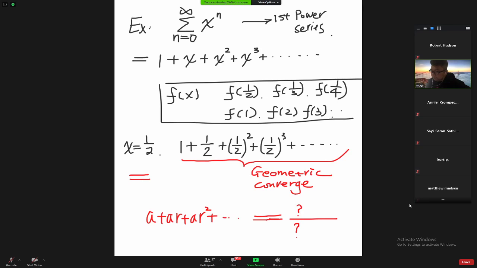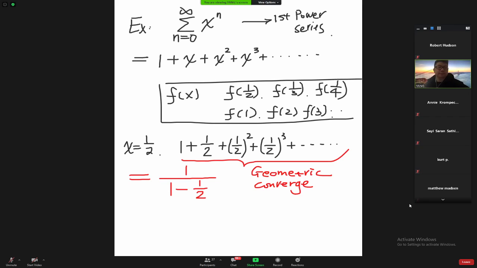What's the bottom? 1 minus what? Remember? Yeah, 1 minus r. And what's the top? a, yes. Don't forget that. This is a geometric series, so just apply that formula. So what's the result for this one? That equals 1 over 1 minus 1/2, right? Everybody follow me? Okay, good.